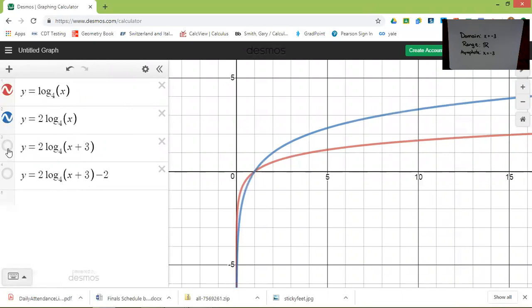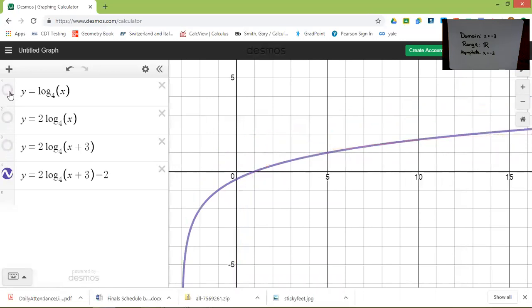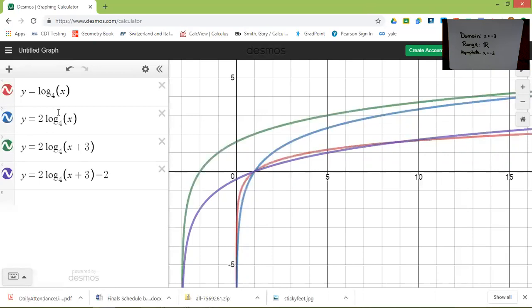If I add 3 on the inside, that moves it to the left 3, which you'll see there in green. And if I subtract 2, it moves it down. That purple curve is my final curve, which should match our final xy table. But you can see it in all stages. We started off with the red, the original. We multiplied it, got our blue curve. We moved it to the left 3, the green, and then down 2 to get the purple.